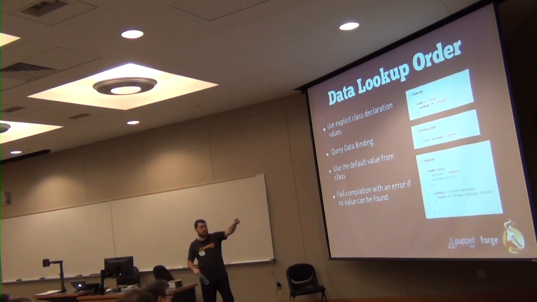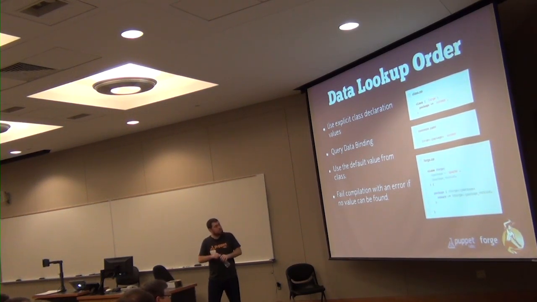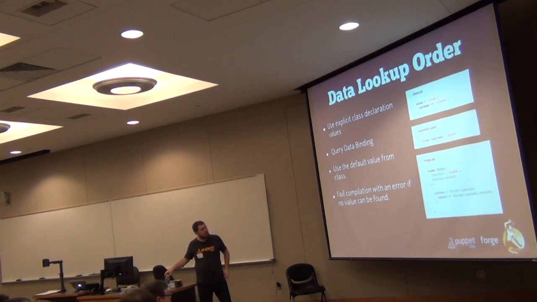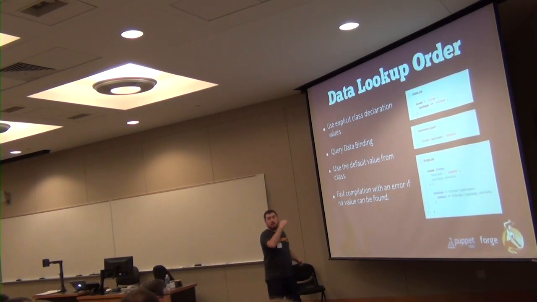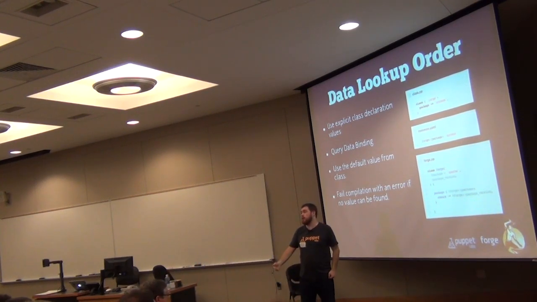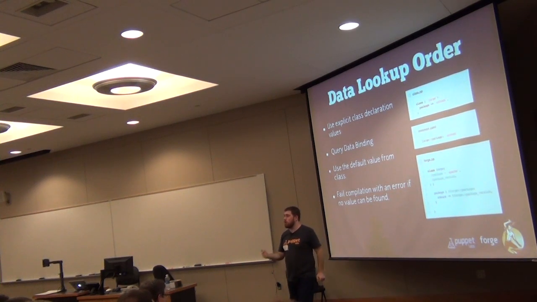So what you do in your class is to create default values. Hiera will override those because it's meant to be a fallback method. I guess I don't understand the difference between the top slide and the bottom slide, as far as the top one doesn't get overridden and the bottom one does. The top slide is not a definition of a class, it is a declaration of a class. It is akin to saying include Forge in your node declaration.